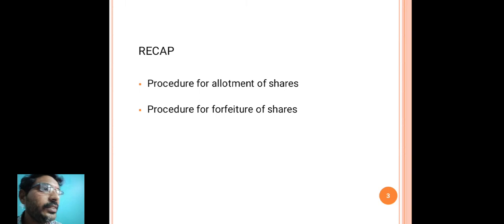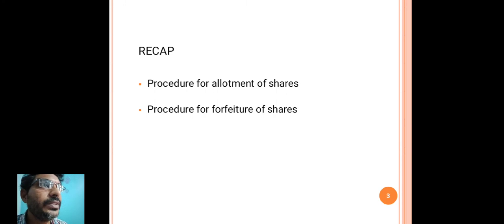The relationship is discontinued and their names are removed from the shareholders register, and the amount which they had already paid becomes company property.